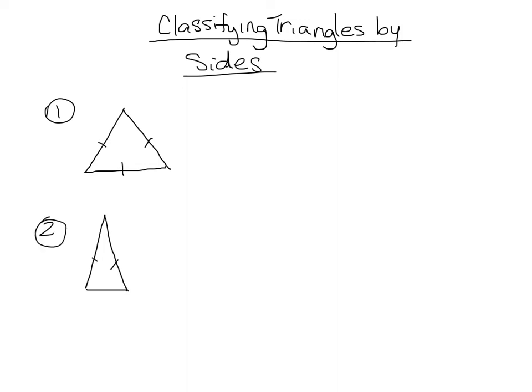And my third triangle is a little bit of a rebel. Nothing looks the same here. Alright, okay, so the first triangle, notice that we have hash marks here, here, and here, and those little hash marks imply that all the sides are congruent to each other. They're all equal. A triangle like that is called an equilateral triangle, with all sides equal.